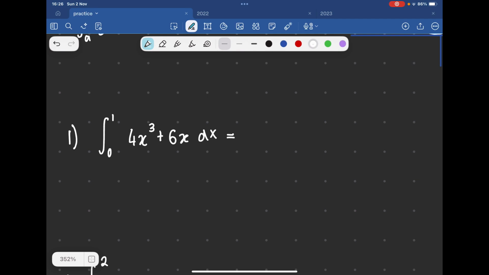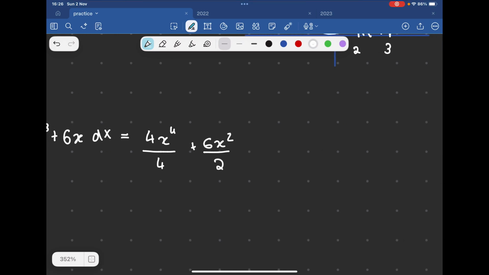Let's do this. This is going to be x^4 over 4 plus 6x squared over 2. Now, we can simplify this to be x^4 plus 3x squared.